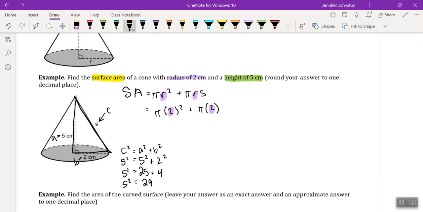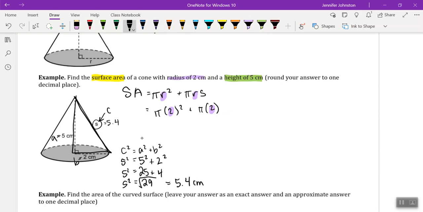And does that look like a length of 29? Would that make sense? That's 5 and that's 2, for that to be 29. No, that does not make sense. So we have to take the square root of it, and we get, just going to round to one decimal place, 5.4. Great, that's s. s is going to be 5.4, which makes sense because it's longer than 5, and it's longer than the value of 2.